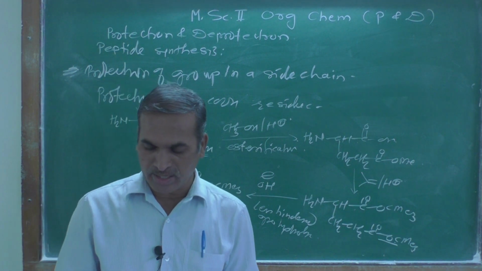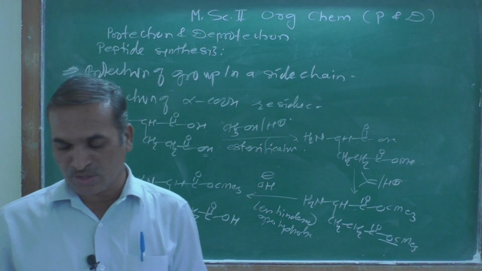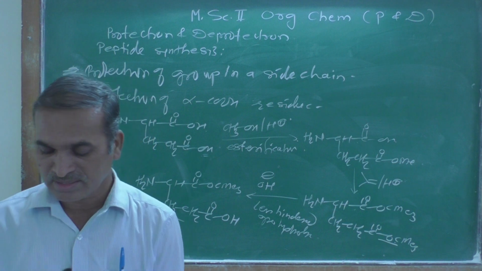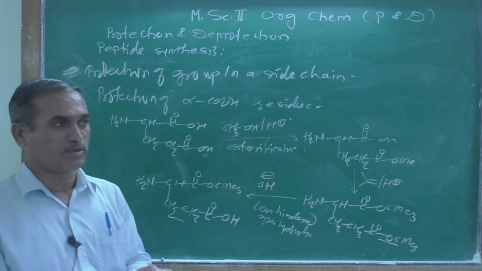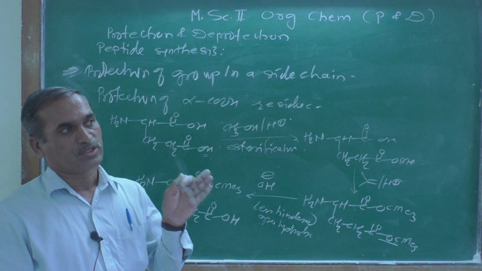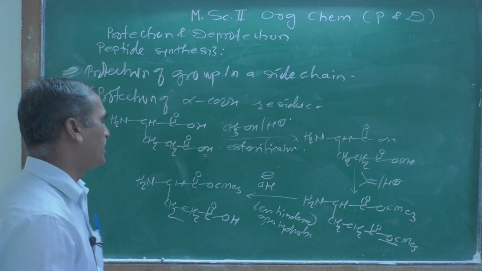Now let us look at the second one, protection of the NH2 group in the side chain. Whatever we have seen so far is all about the protection of the COOH group of the side chain.